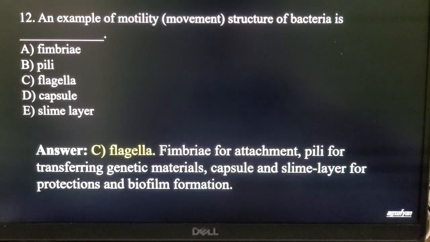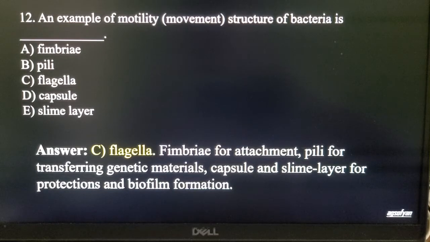Yes, the answer should be flagella. We just had this type of question previously, which is the movement structure or the motility structure of bacteria, flagella or axial filament. You only have flagella here, so you have to choose flagella.